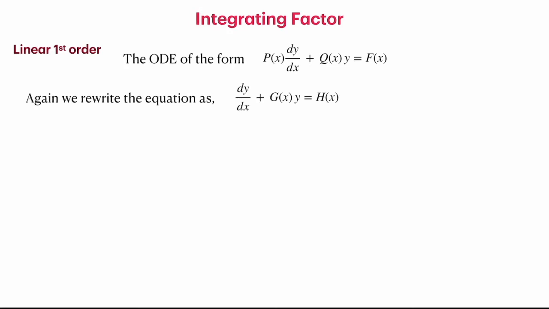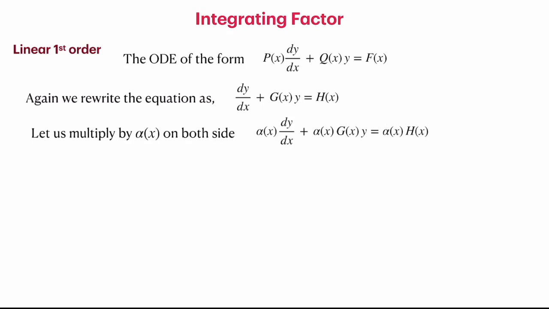Again we write this by adjusting these terms as dy by dx plus g of x times y is equal to h of x. This is a more convenient form than the P dx plus Q dy form in this case, because the way of finding the integrating factor is easily determined by this form.